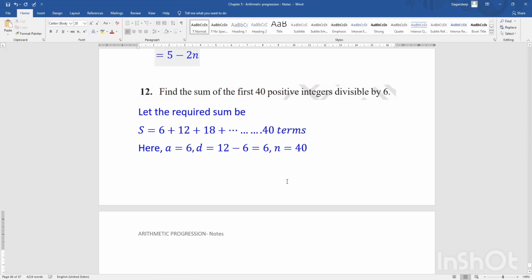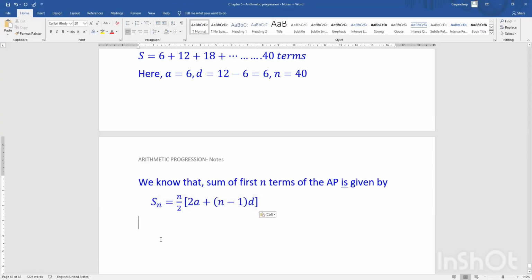Then we write the sum of the first n terms of the AP, which is given by Sn is equal to n by 2 into 2a plus n minus 1 into d. Now I am going to find S40. Let us take the same formula and I show you the substitution.